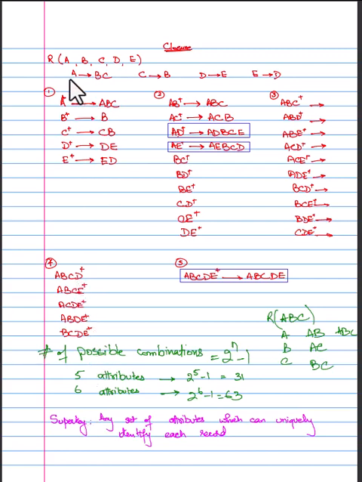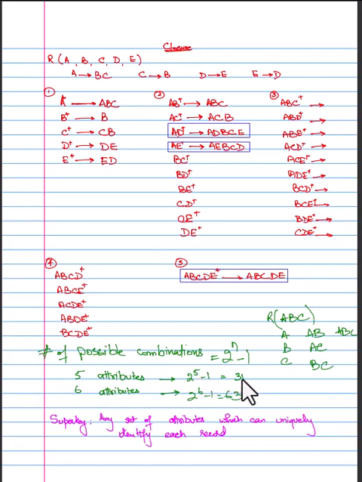In one particular relation, we can have many super keys. The possible number of combinations from the relation can be found using the formula 2 raised to the power n minus 1, where n is the number of attributes. Here the number of attributes is 5, so 2 raised to the power 5 minus 1 is equal to 31.